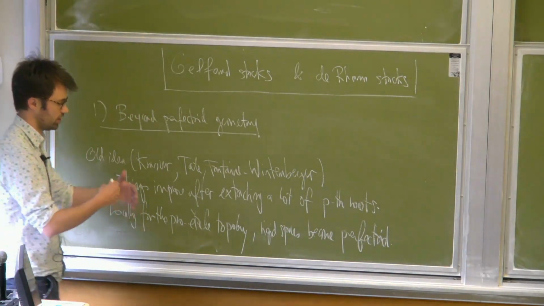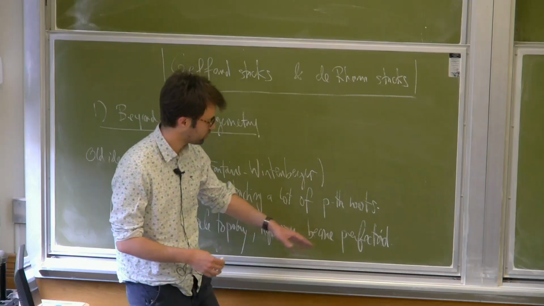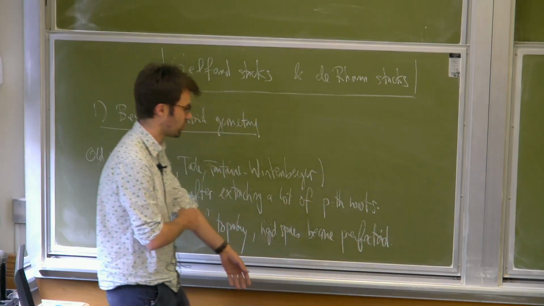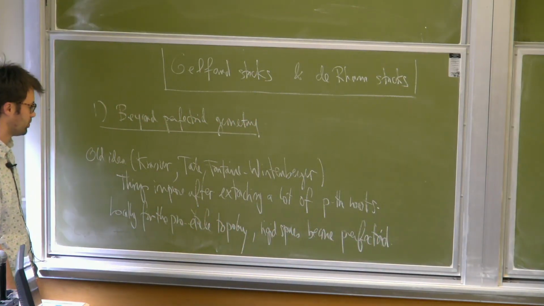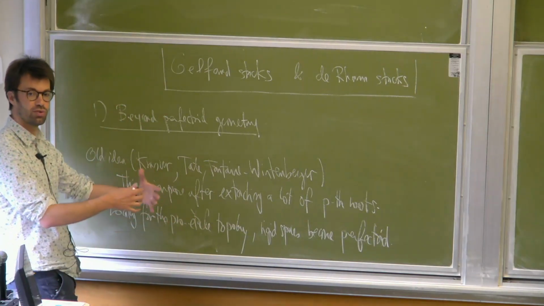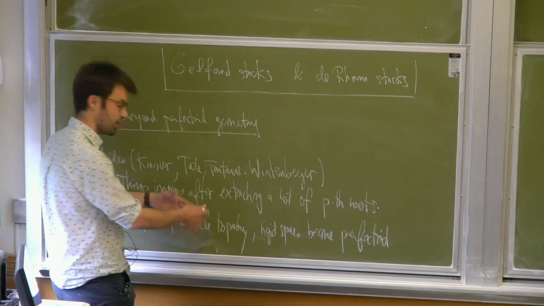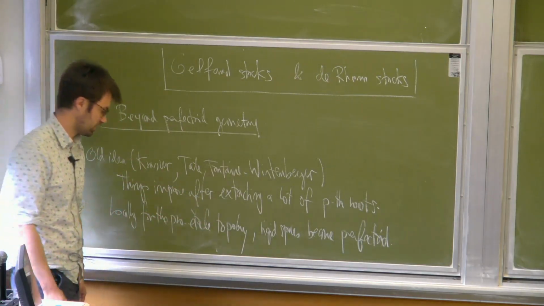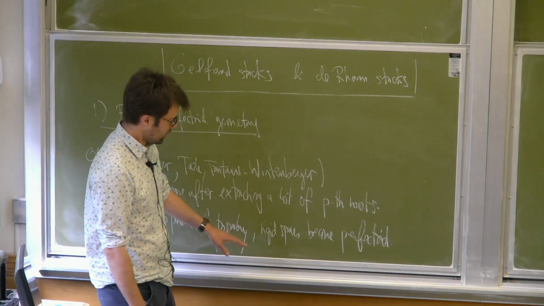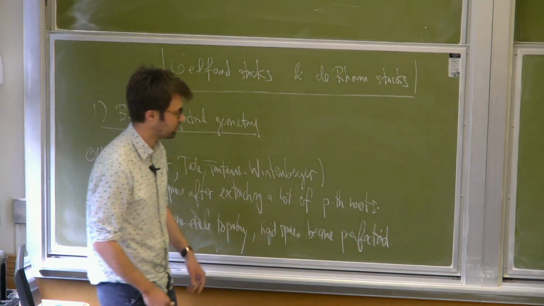So they locally look like uniform Banach rings with a pseudo-uniformizer in which you can basically extract a lot of p-power roots modulo p when you go mod p. So if you allow yourself maybe not to localize for the usual analytic topology, but for a much finer topology where you allow inverse limits of étale maps, then any rigid space becomes perfectoid.